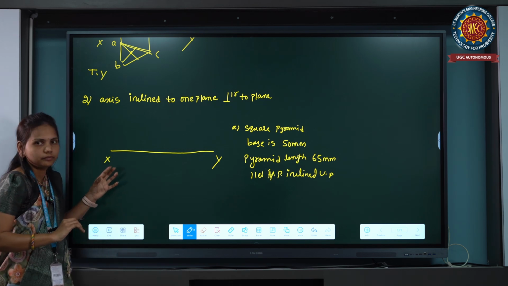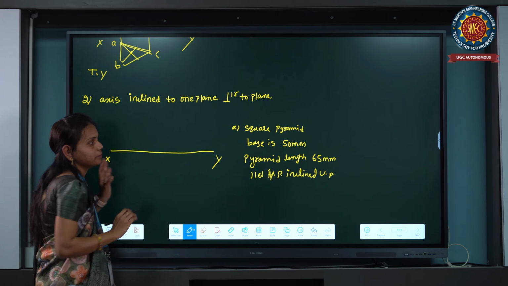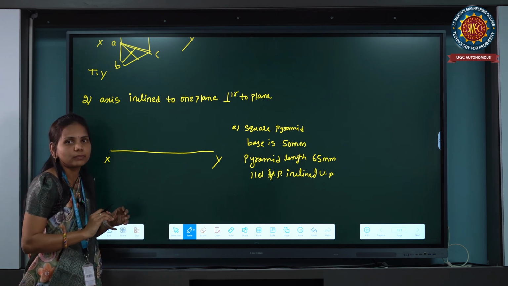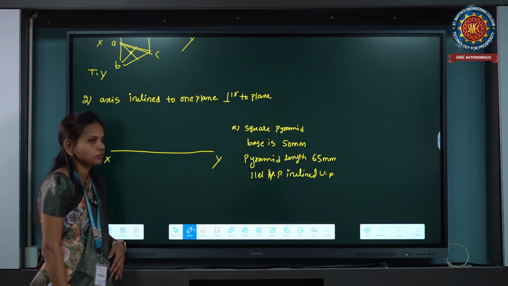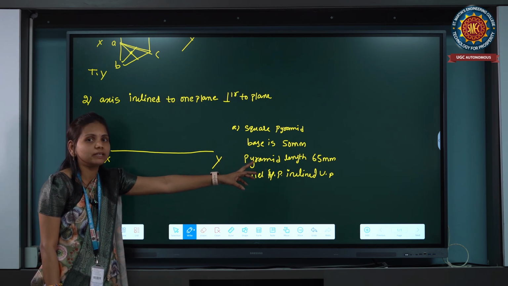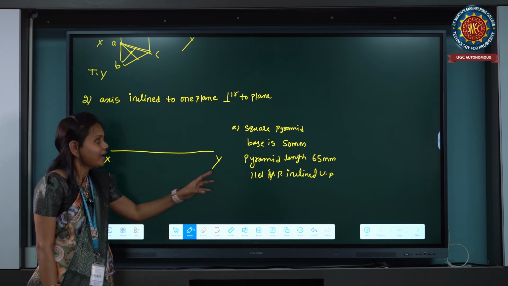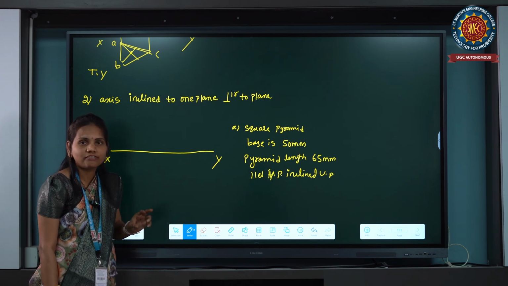So first, what is he asking? Square pyramid. What is the base length? 50 mm. In this square pyramid, the base length is 50 and pyramid length is 65, right?